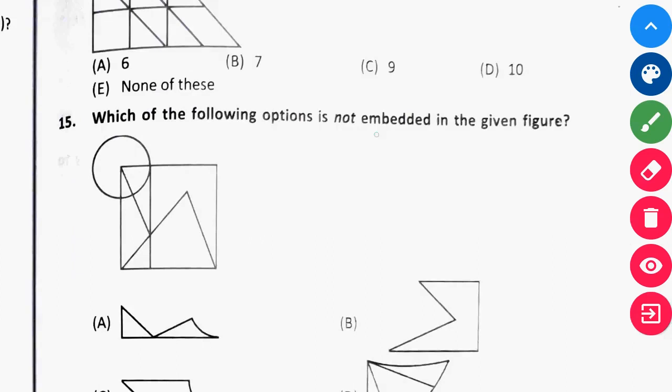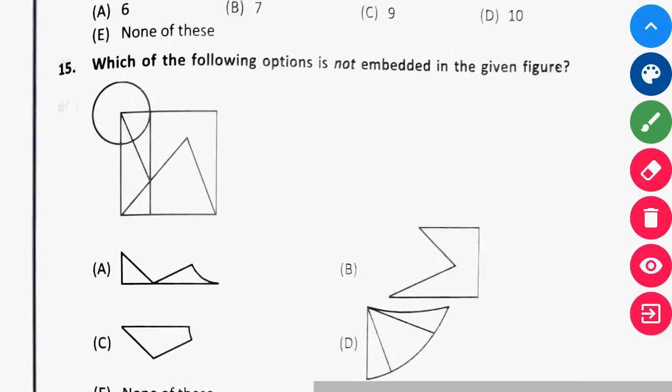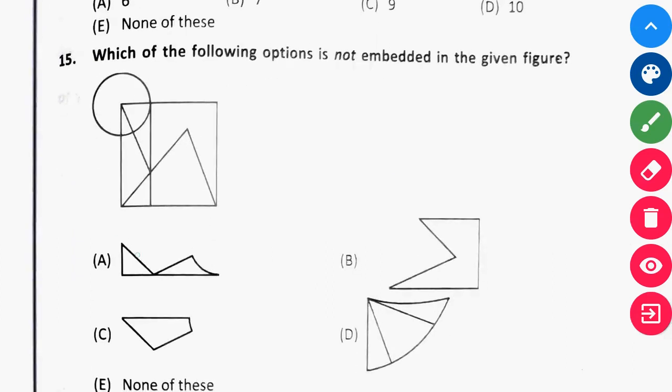Now, which of the following options is not embedded in the given figure? Now you have to check whether this is there or not. You have to think carefully. Okay. There is such an option.